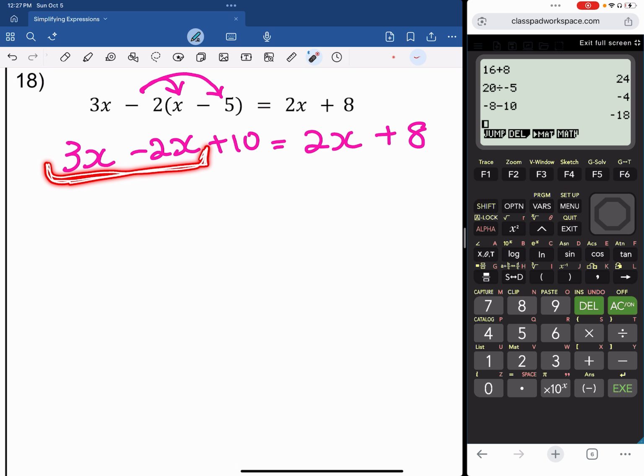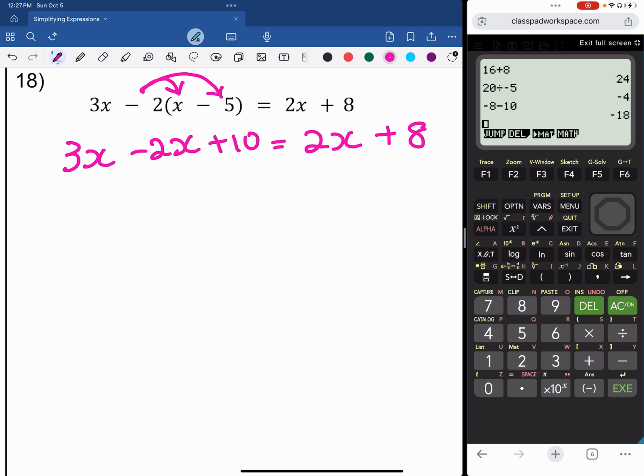Since these are like terms and they're both on the same side of the equation, I'm going to go ahead and combine them before I move anything else. 3x minus 2x is just 1x, or just x. And then I'm left with plus 10 is equal to 2x plus 8.